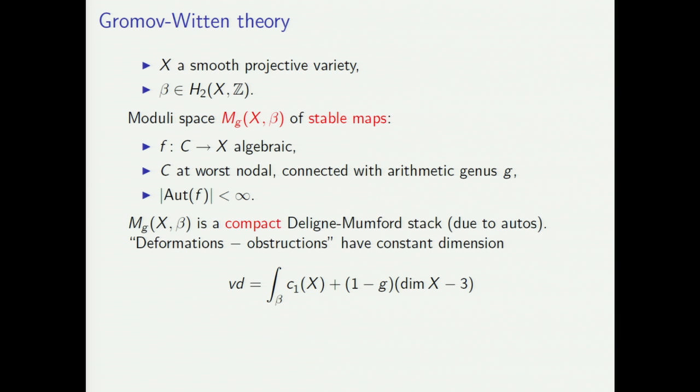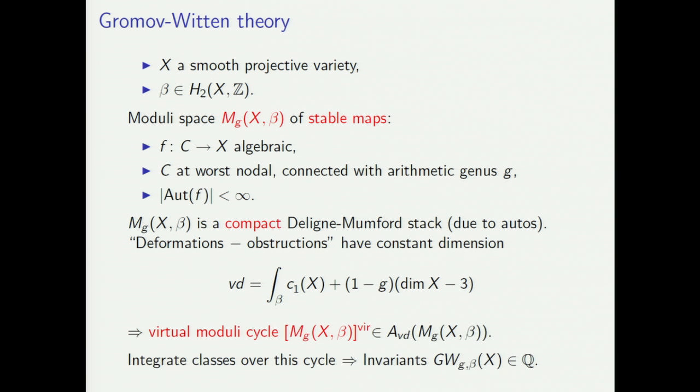And this phenomenon of deformations minus obstructions having constant dimension more or less is the same thing as meaning that there's something called a virtual moduli cycle. So even though the space has the wrong dimension, possibly too high a dimension, there's a cycle in there which plays the role of the fundamental cycle, and it has the correct dimension. So it's in the Chow group or homology of this dimension here.